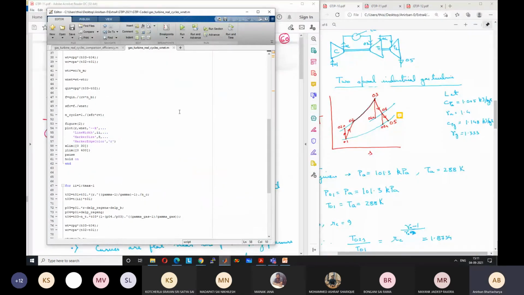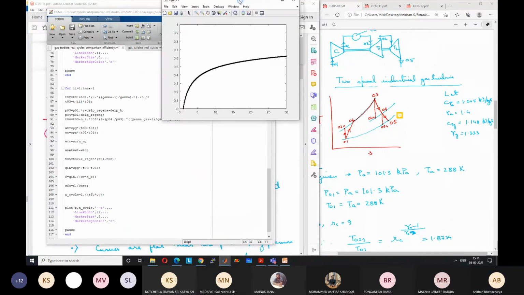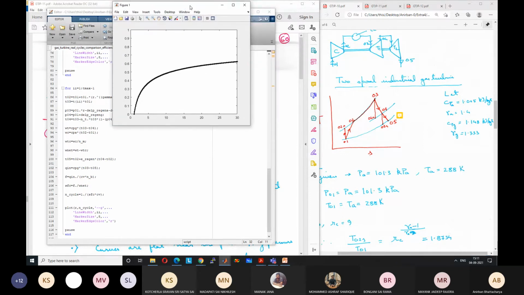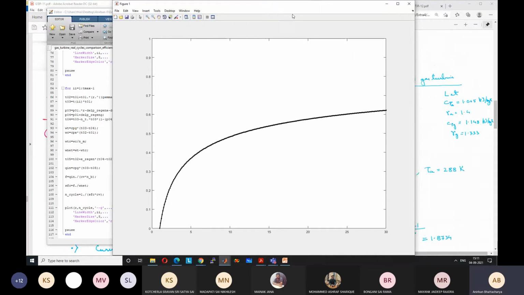Let us try to understand. I hope you can see the plot? Yes, sir. Okay, so this is the efficiency plot versus compressor pressure ratio for an ideal cycle. We have already seen this.